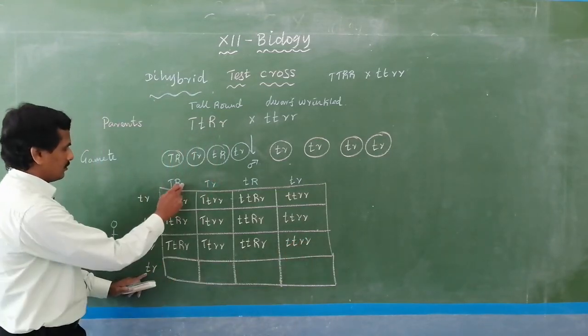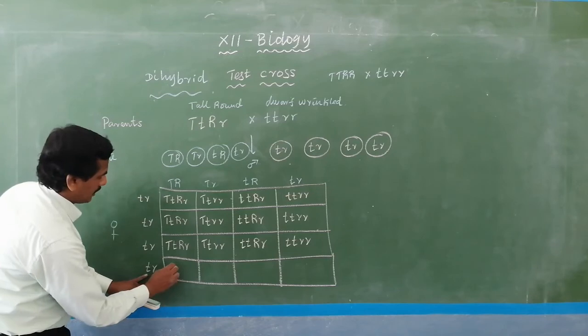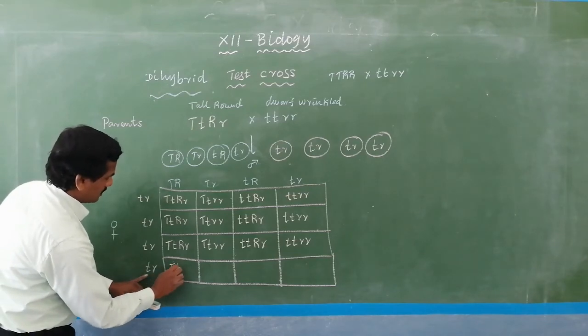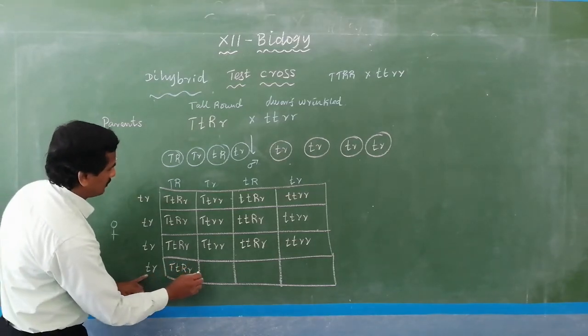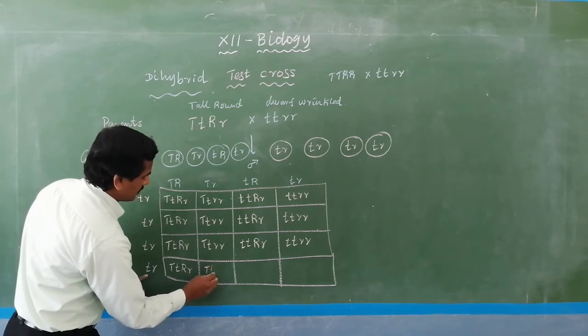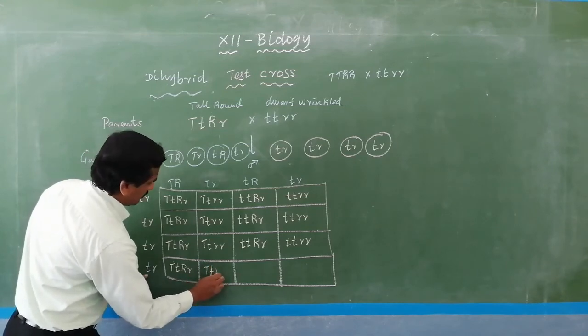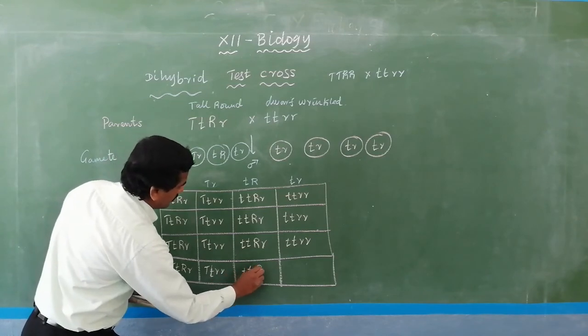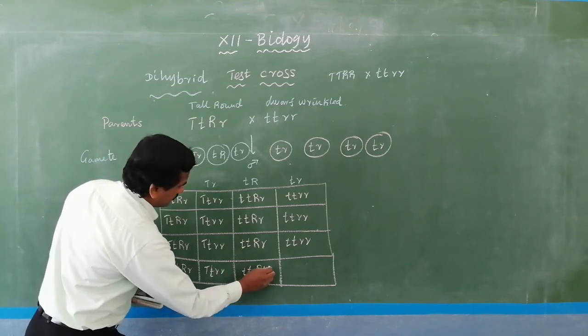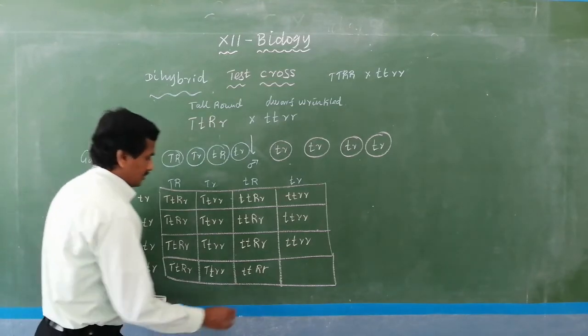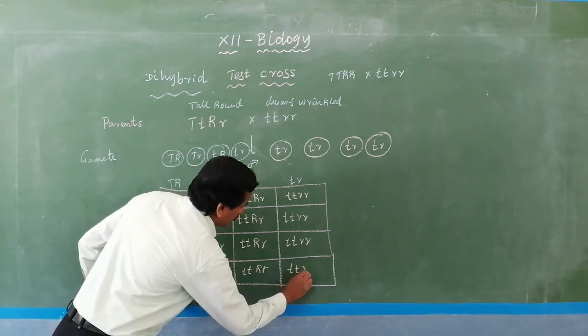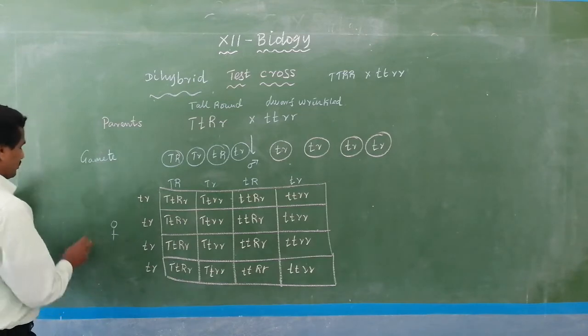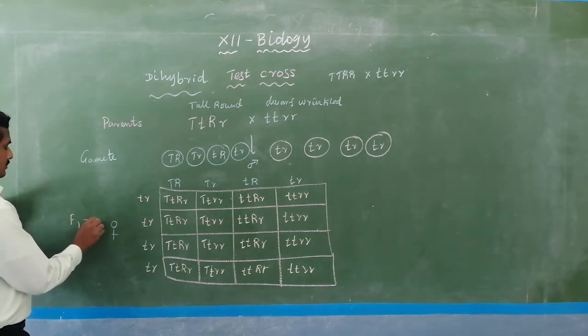Then one male gamete with the female gamete: capital T, capital R, small r, and capital T, small r, small r. Here small t, capital R, small r, and small t, small r, small r. This is the F1 generation or progeny.